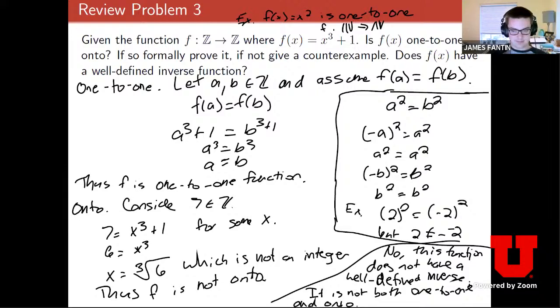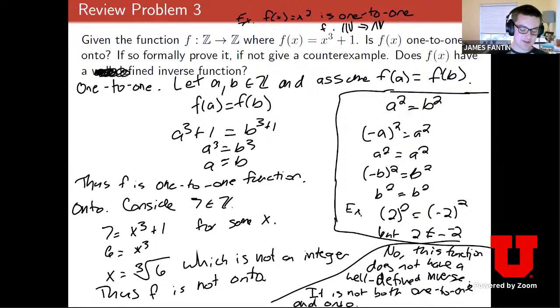Yes. Okay. Yeah, it has to be a one-to-one correspondence, so it has to be both one-to-one and onto to have an inverse. The wording well-defined here was just meant, I guess we could have just asked, does f have an inverse function?